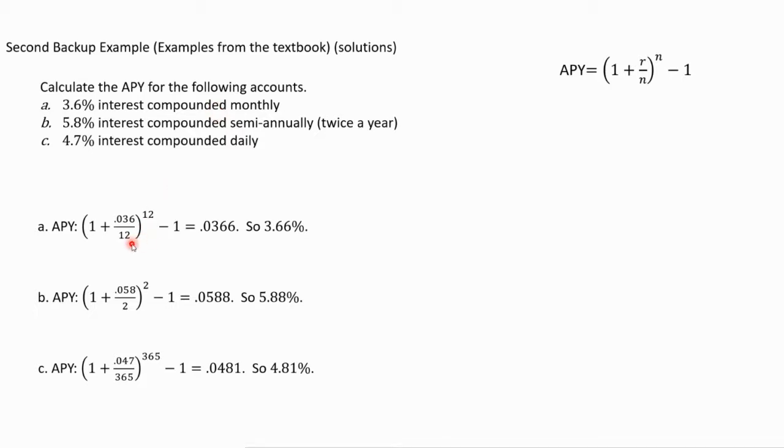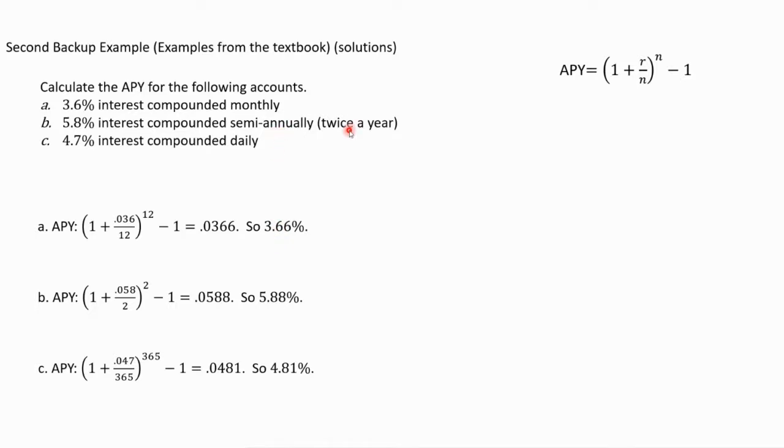So we have 1 plus this to the 12, minus 1, as you can see. And if you do the calculation, this is what you get. Converting that to a percent, we get 3.66%. So this is the percent increase in the balance.